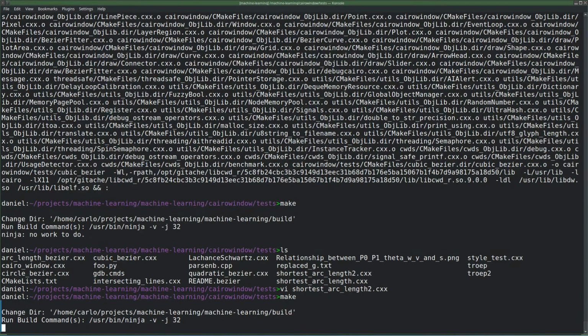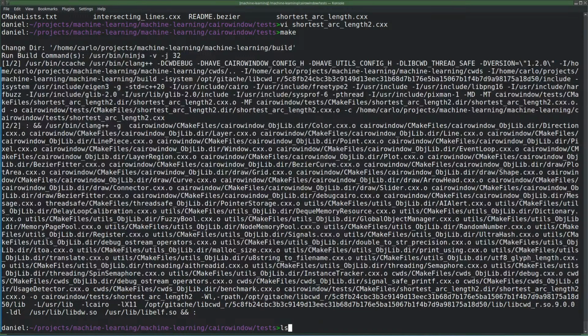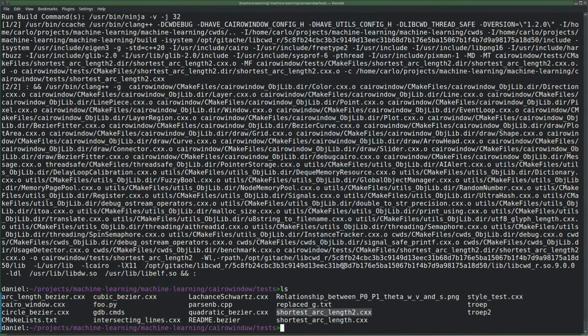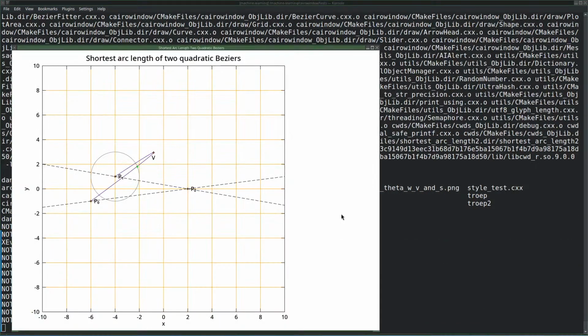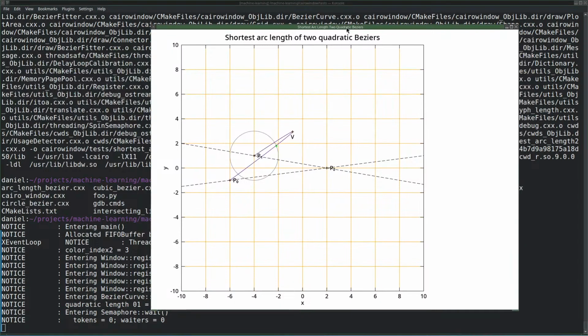Let it work. I think it works. Except I'm not drawing a circle.